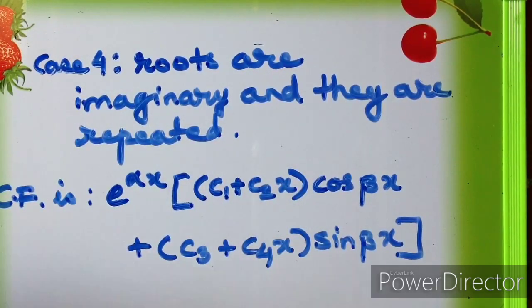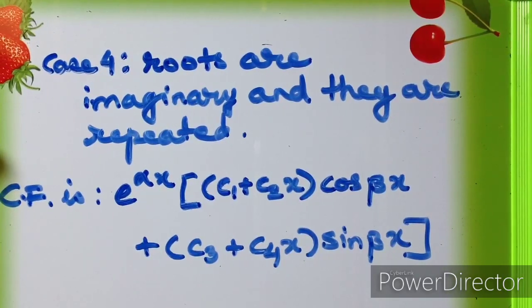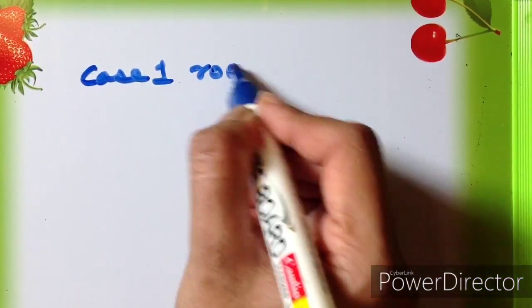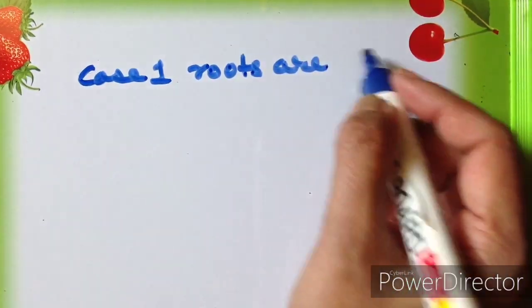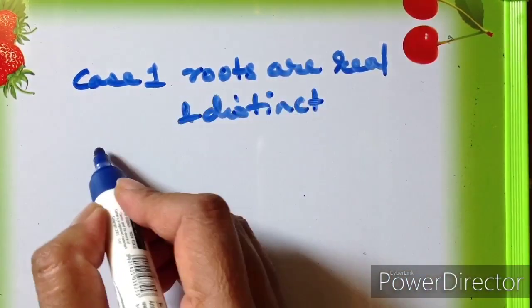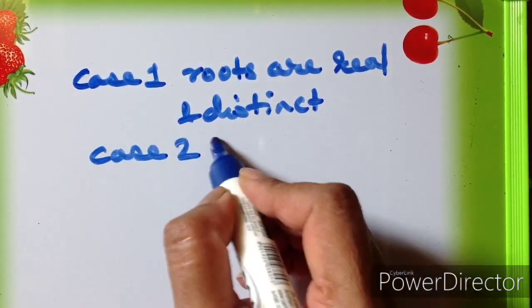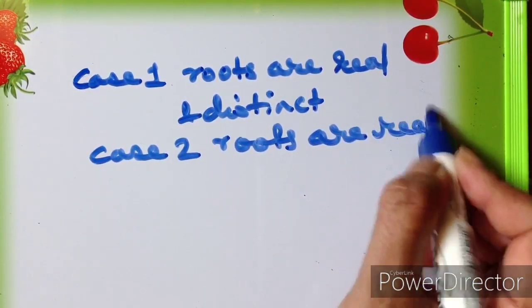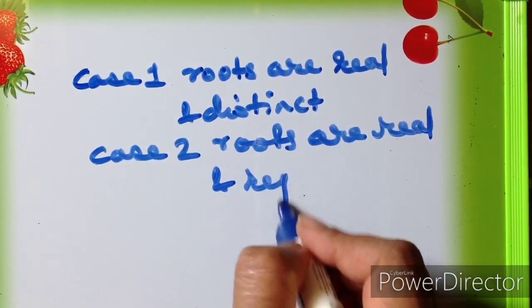So let us just have a brief recap of the 4 cases that we have seen. Firstly, case 1, roots are real and distinct. Then we have case 2 where roots are real and repeated.